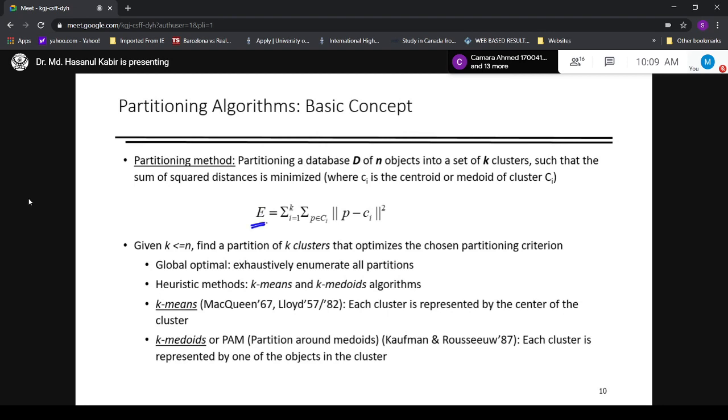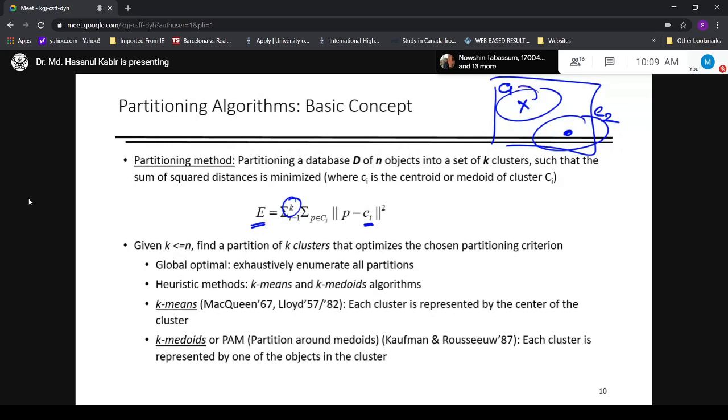Let's say in this whole feature space we have divided into two clusters. This is cluster 1 and this is cluster 2. We have to have a center point. Let's say this center point is here and maybe this center point is here. Each cluster is written with Ci, meaning its center point.